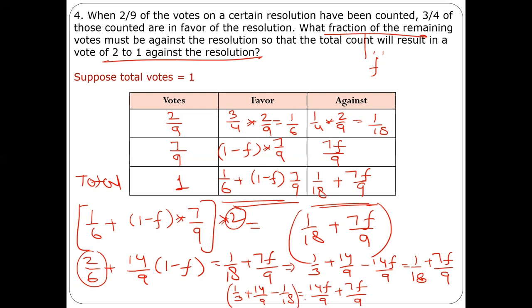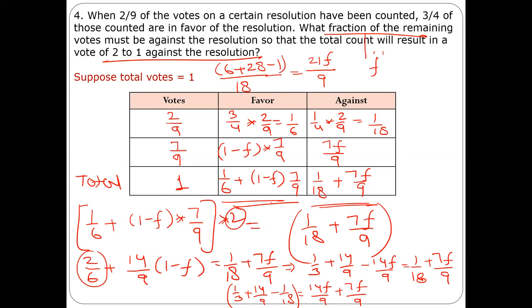So we take obviously an LCM of 18. So let's continue doing that here. We take LCM of 18. So 6 plus 28 minus 1 is equal to, and the LCM is 9 on the right hand side, 14 plus 7, which is 21f, correct?